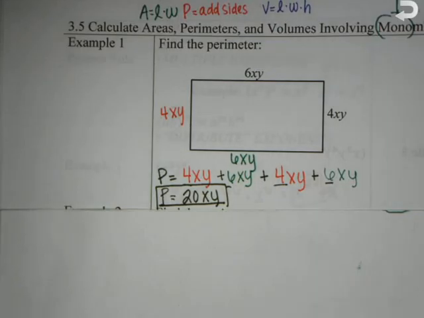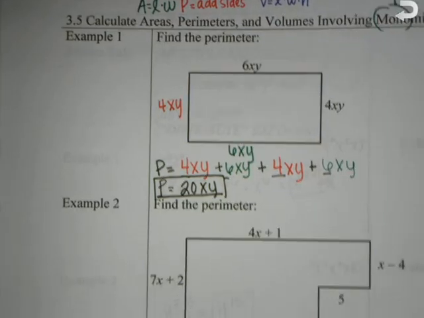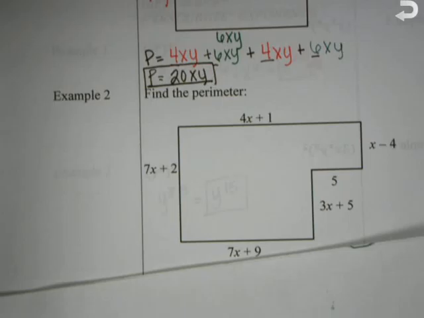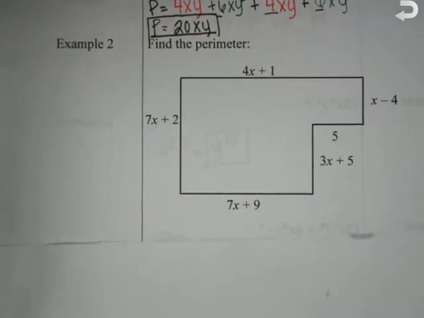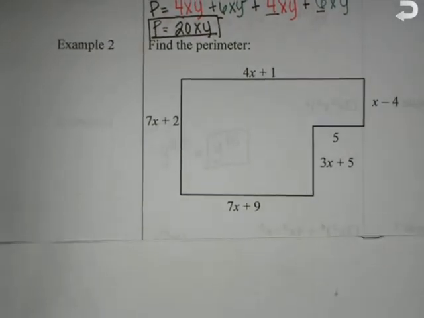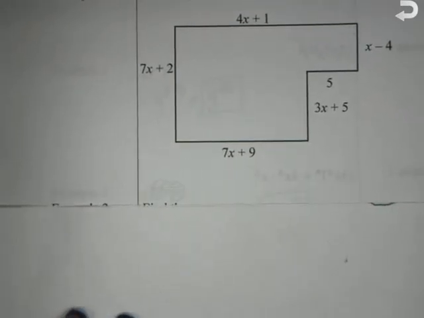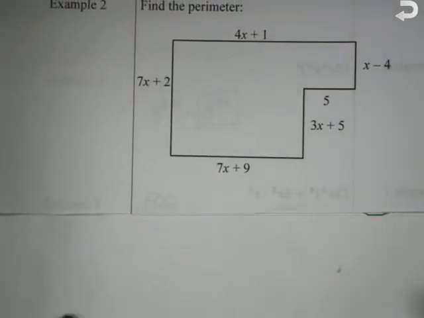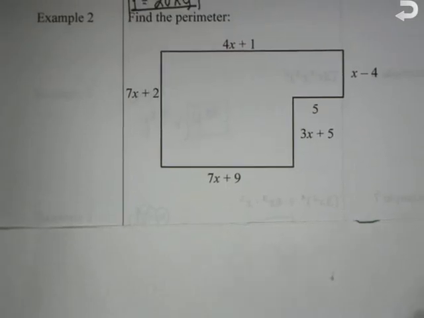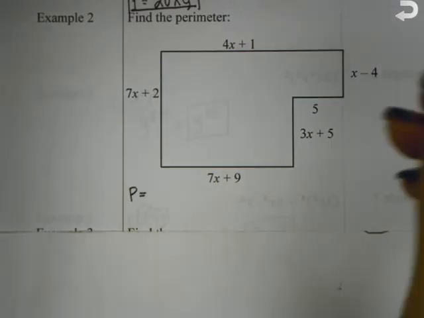So example 2, we don't have just a nice rectangle. We have some kind of funky shape. So we want to find the perimeter here. This is why I want you to write all your steps and show all your work. First draw the picture, and then we're going to add it all up together. I'm going to add up all the sides. I'm going to start down here, and I'm just going to go around this way, okay?